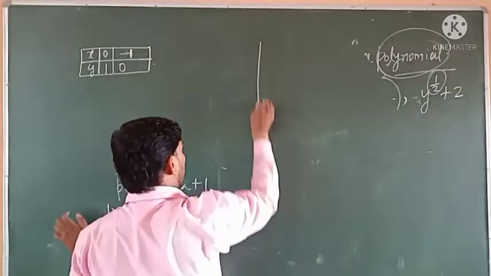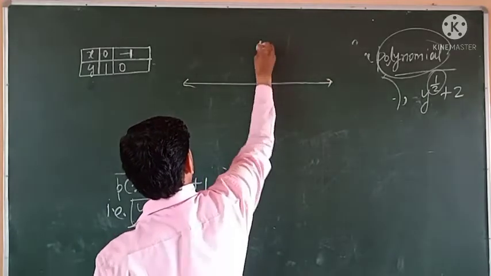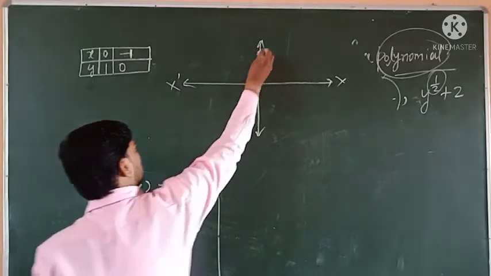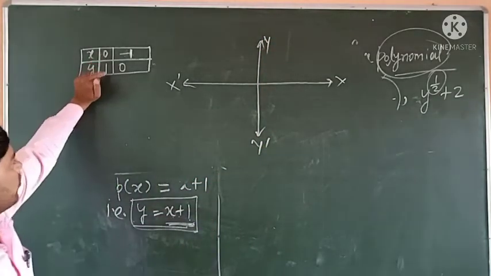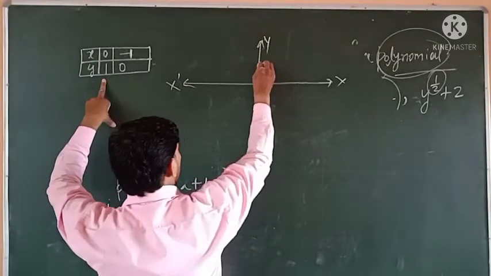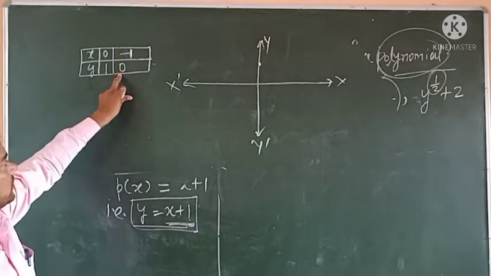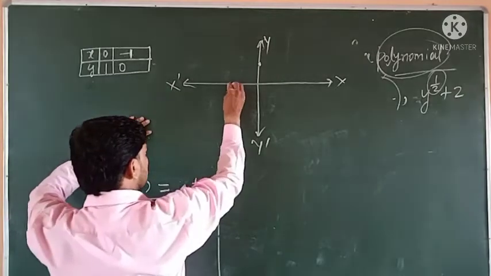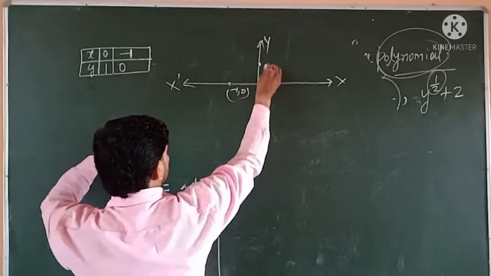Now draw a graph, with x, x dash, y, y dash. The point (0, 1) is on the y axis, and the point (minus 1, 0) is on the x axis.